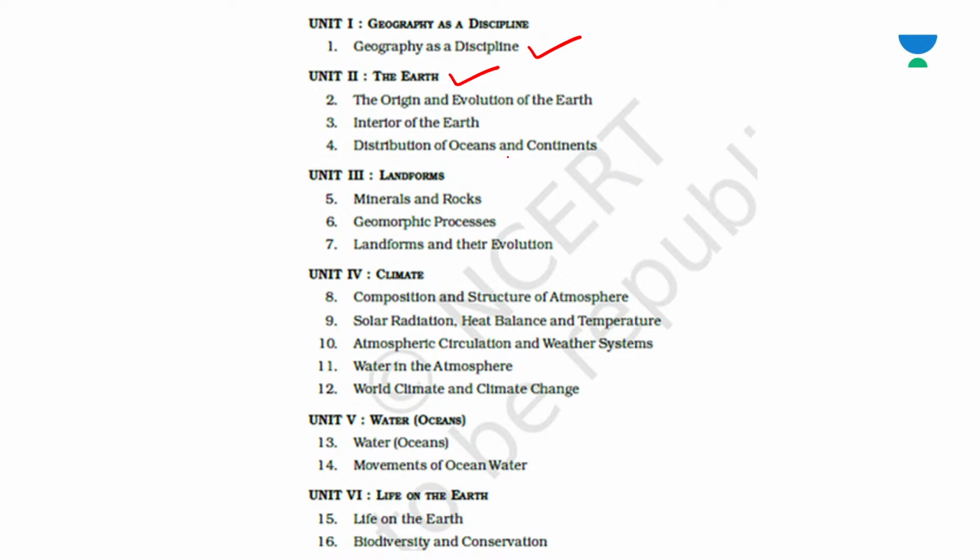Then we have discussed minerals and rocks, geomorphic processes, and now in today's session we will continue with the remaining topics from the unit landforms, and the heading is landforms and their evolution.